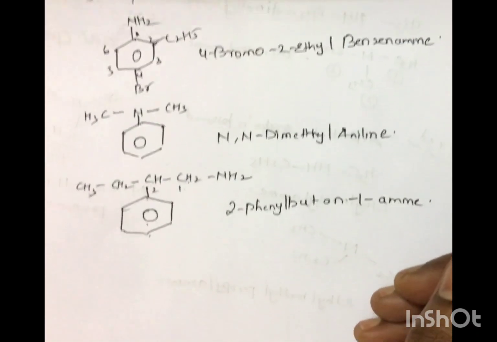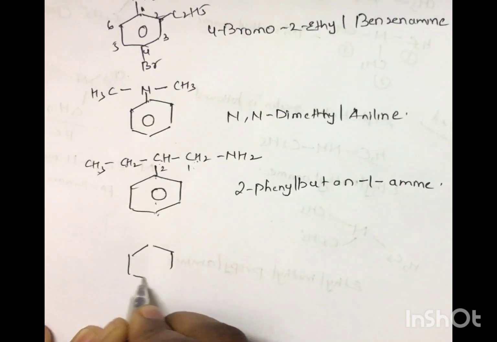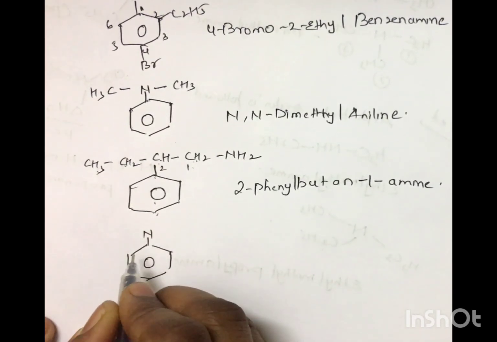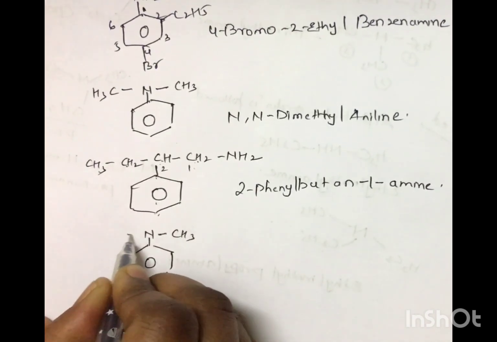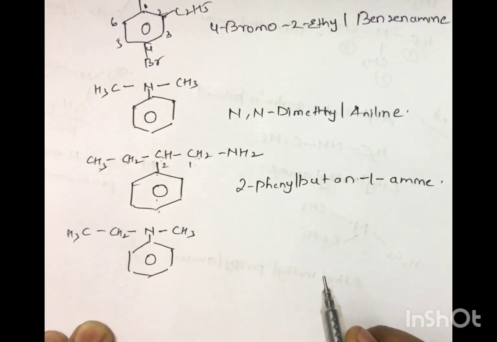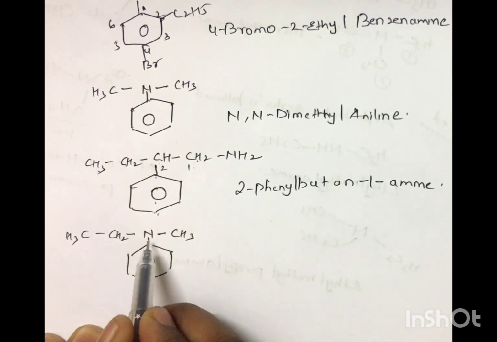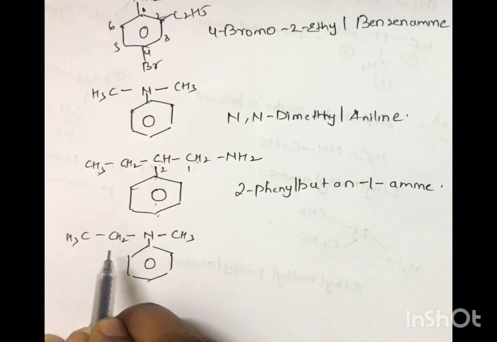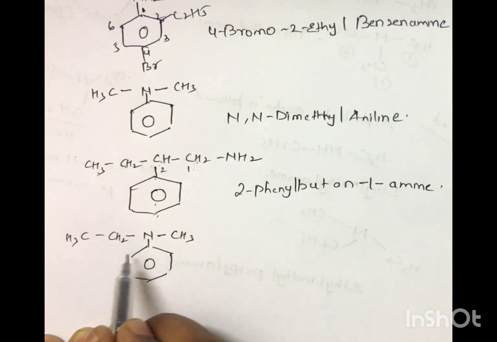Let us see one more example. Here the nitrogen of the amine is directly attached to the benzene ring, that is the phenyl group. So how should we call this? The nitrogen is in the center, and on one side there is a methyl group and on the other side an ethyl group, along with the aniline, the benzene ring.